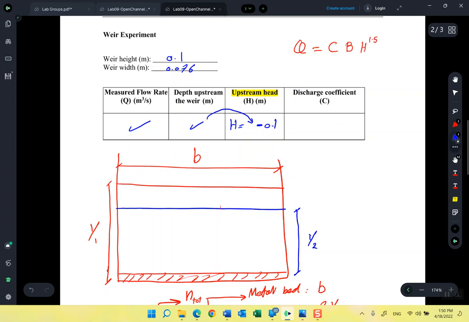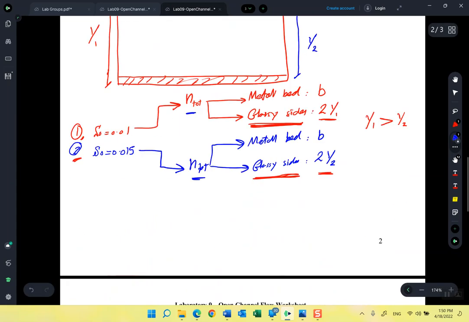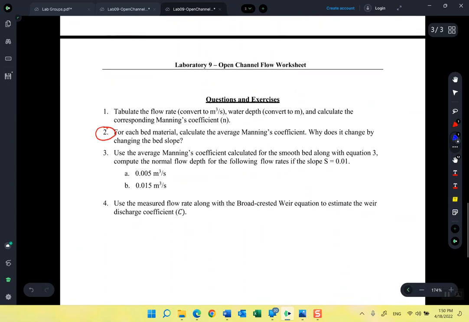If you have the Q, B, and H, you can easily get the value of C, right? Because this will be the only unknown in this equation. And you will write down the discharge coefficient. And after doing this, you will be done with the first, the second, and the fourth question.